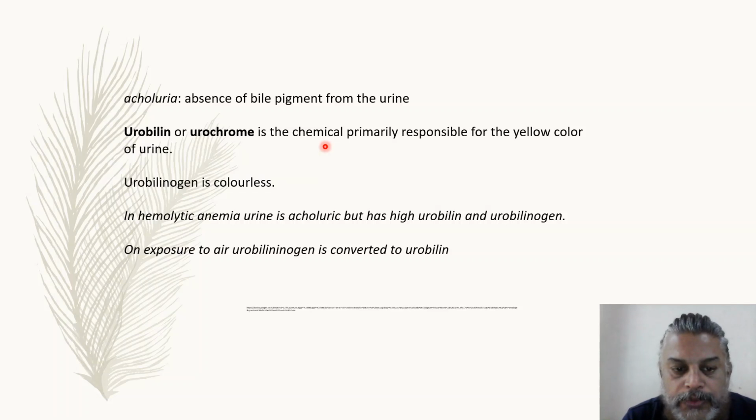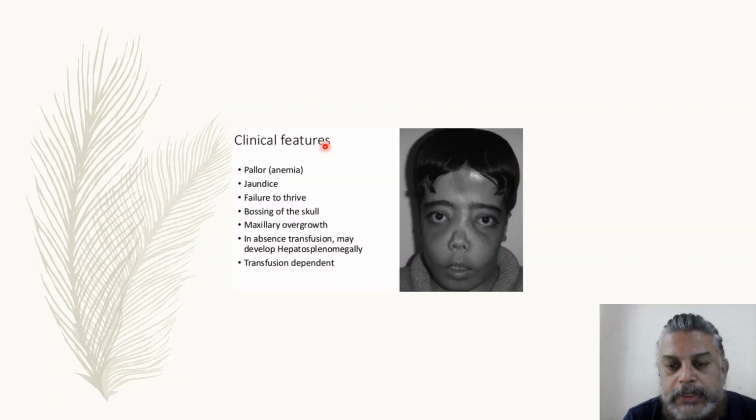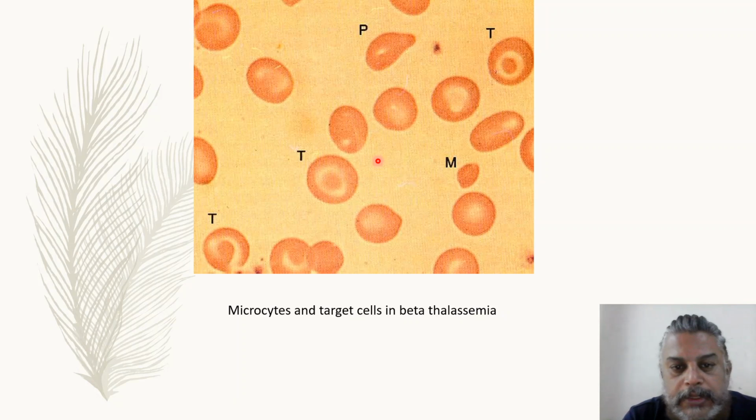On exposure to air, urobilinogen is converted into urobilin. This is the classical face of a hemolytic anemia, that is thalassemia. Here, this is the prototype of prehepatic raised bilirubin, and these are the microcytes and target cells in thalassemic patients.